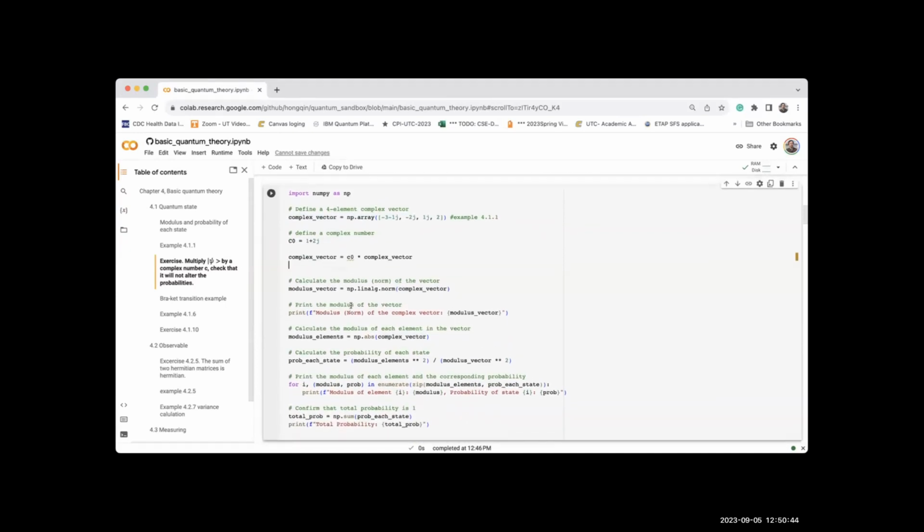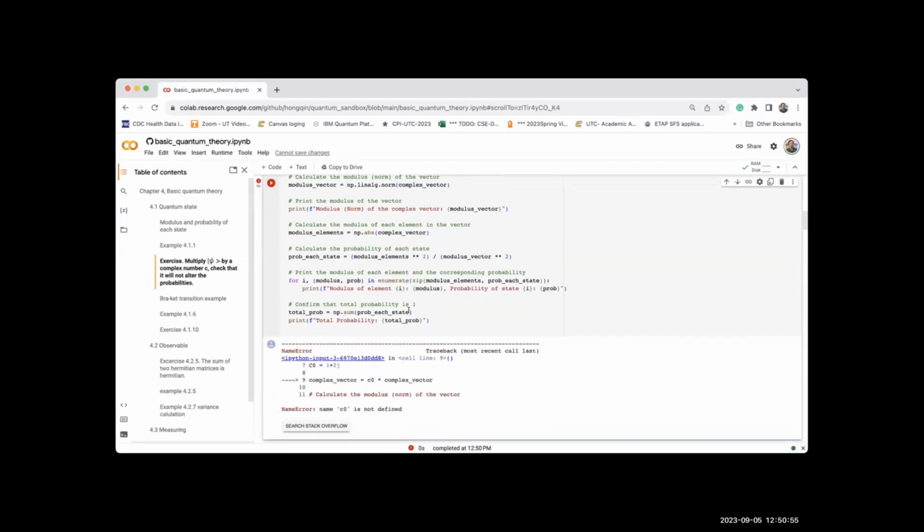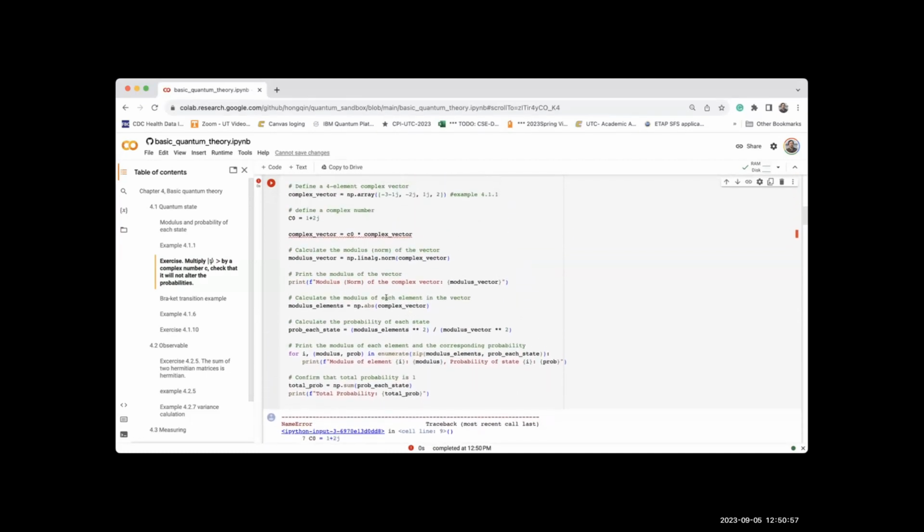Yes, should work. So just print that afterwards and you can see for sure. No, there's an error there. What's the error? C0 is not defined. Oh, I put it in capital. Okay.